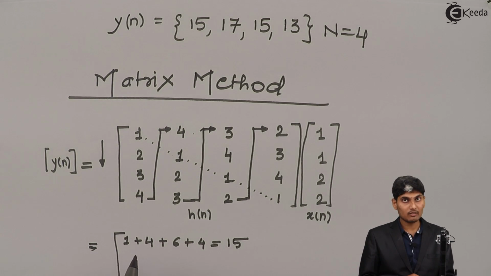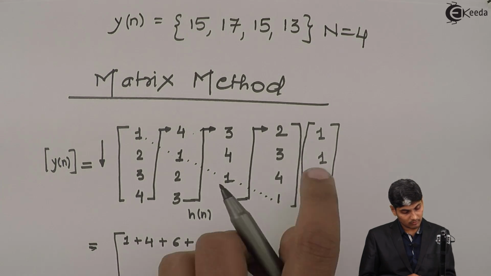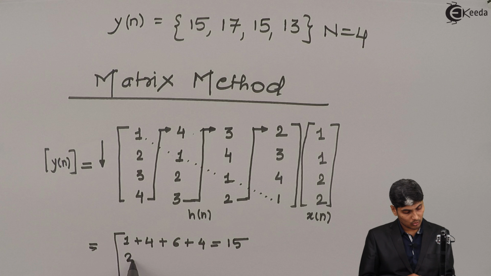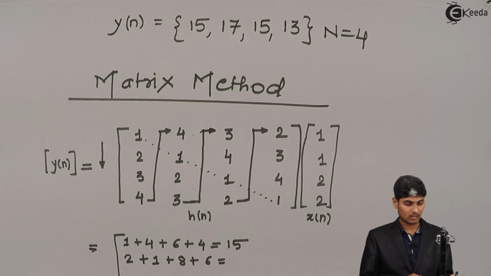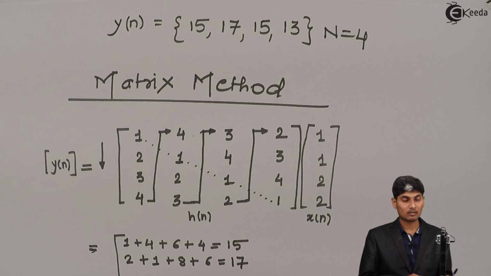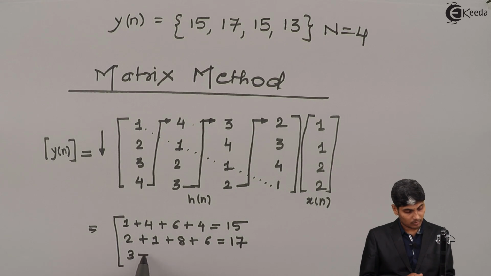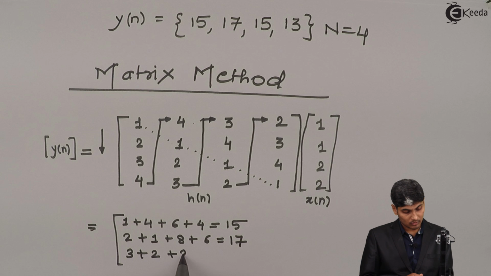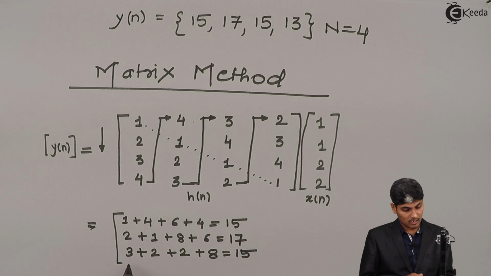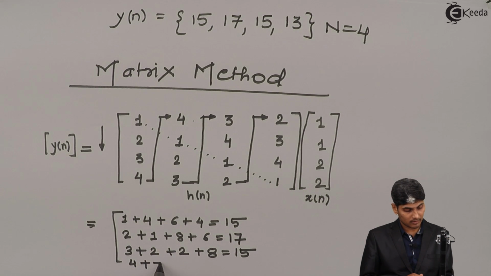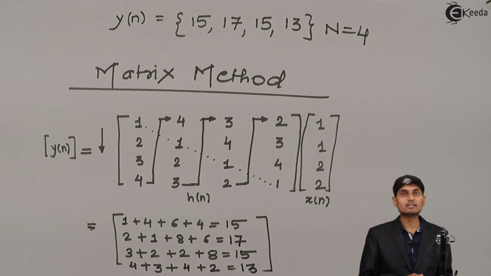Then we multiply this with this row, it will be 2 plus 1 plus 8 plus 6, which will be 17. Then 3 plus 2 plus 2 plus 8, which will be 15, and lastly 4 plus 3 plus 4 plus 2, which is 13, which is the required answer.